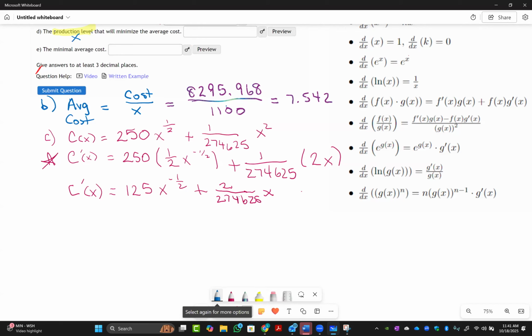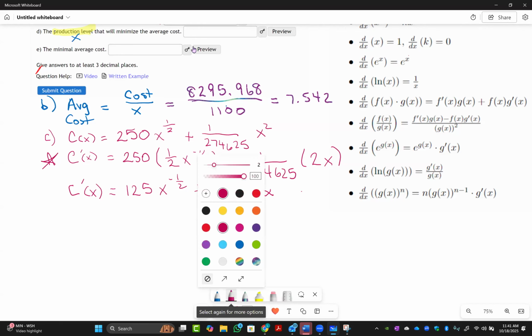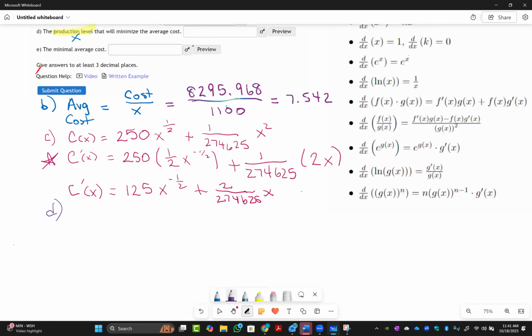You set it equal to 0. What do you set equal to 0? The cost. C prime of X is 0. This is really important, and I'll say it a million times. Whenever you want to minimize or maximize something, you have to take the derivative and set it equal to 0.